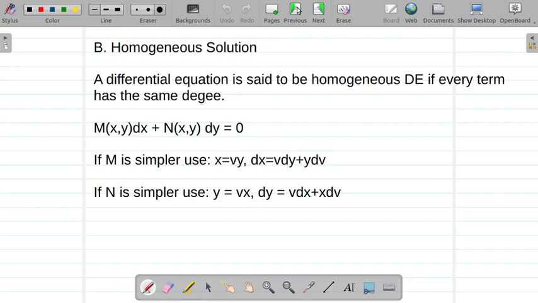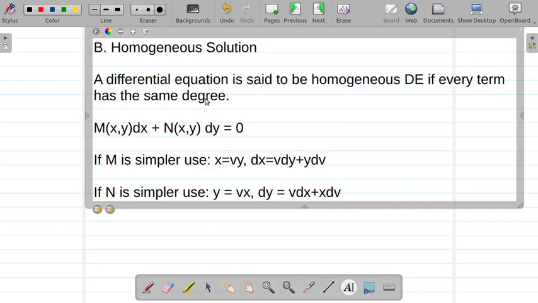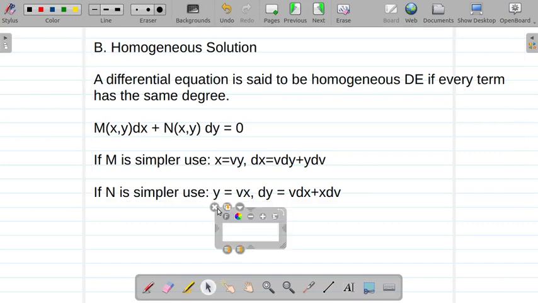Pero, if ang mga equation nga dili ma-separate ang x in terms of dx ug ang y in terms of dy, so pwede ka maggamit og homogeneous solution given na by the definition itself nga a differential equation is said to be homogeneous DE if every term has the same degree. So pwede lang pud nimo ma-solve using homogeneous solution ang differential equation if ang ilahang degree is same. So, m of x and y dx plus n of x and y dy is equals to 0.